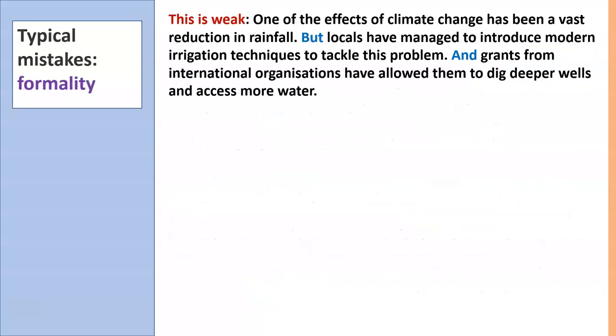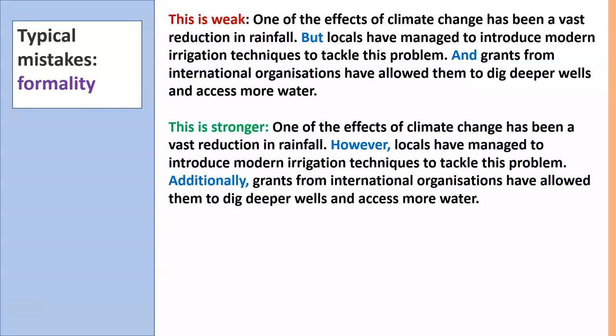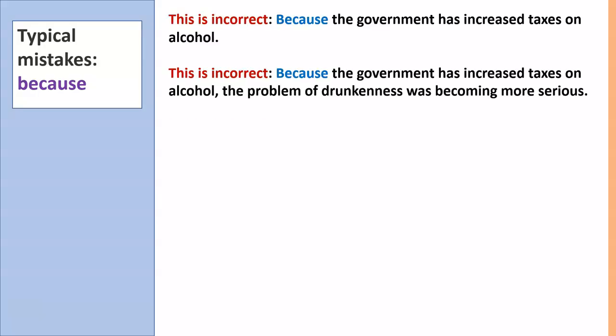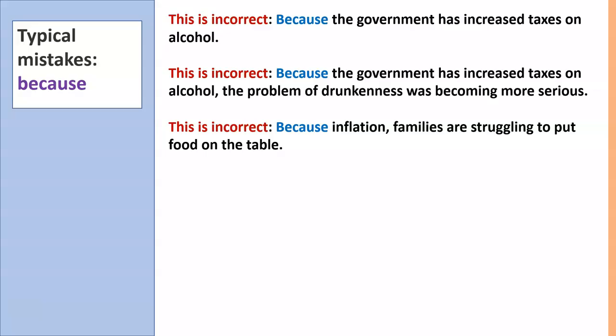Second problem is formality, and candidates use words like but and, which are too informal. These are better, much better to use however and additionally. The third error is particularly to do with because, and so let's see some problems with because. Firstly, because the government has increased taxes on alcohol. Well, we can use because when a sentence has 2 parts and we've only got 1 part here.